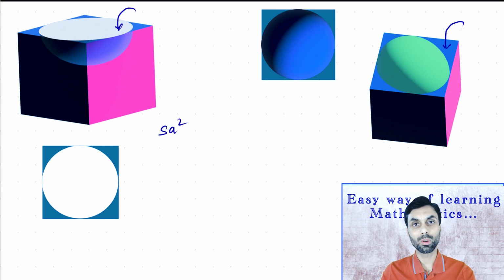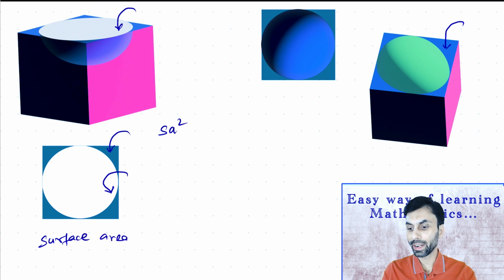Now when we talk about the top surface, when you hollow out a hemisphere from the top, it will look like this figure, where all 4 corners will still be visible and then we'll have the curved surface area here.